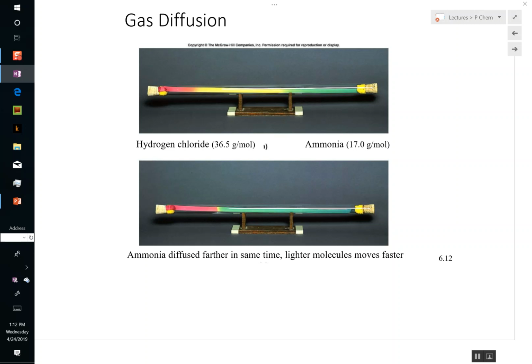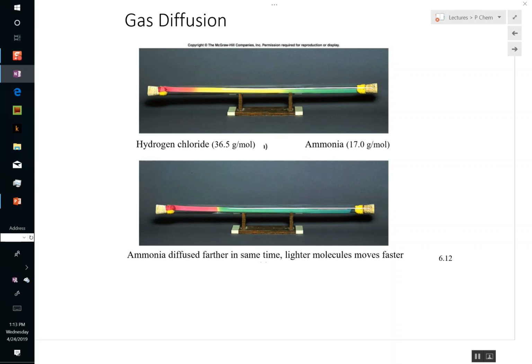This will relate to almost the last comment in this chapter, which is diffusion. The gases start diffusing down the tube. As the base diffuses down, it wets the pH paper and turns it green. As the acid is diffusing down, it wets it and turns it red. You put them in at the exact same time. The question is, are they going to meet in the middle at the same time?